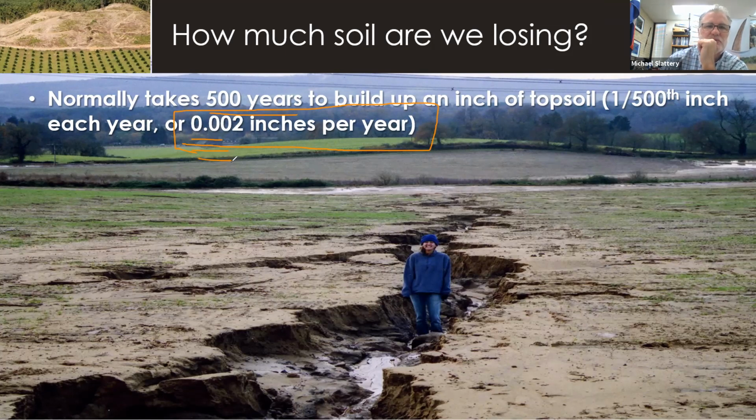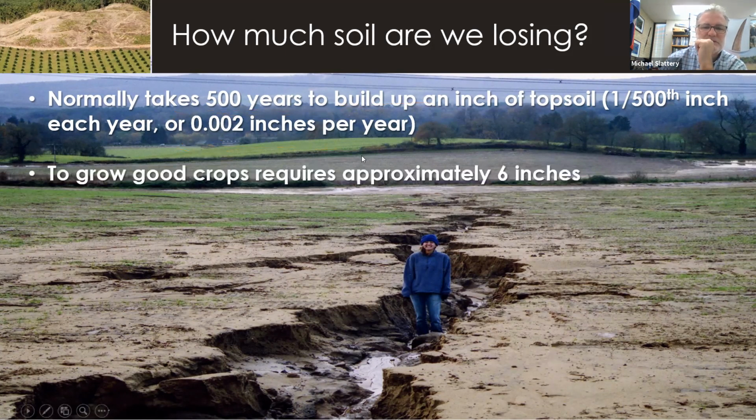Does that make sense to everybody? Pretty simple. 1 divided by 500. So on average, we're building soil at a rate of about 0.002 inches per year. How much soil do you need? That depends on the crop, but generally you need about 6 inches of soil to be considered viable. Some plant in less, some plant in more.